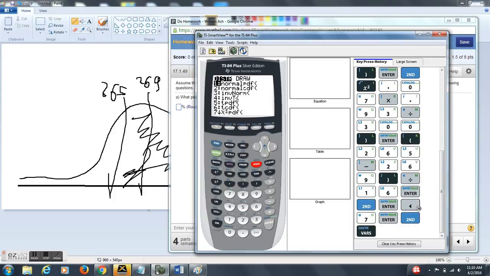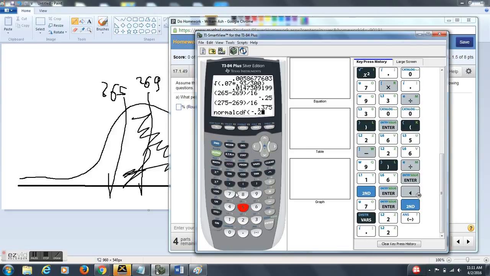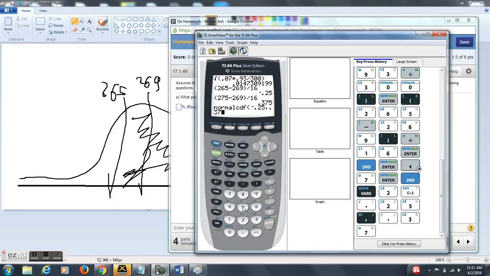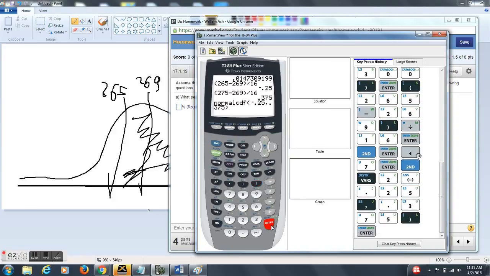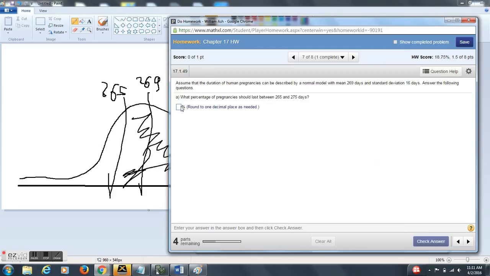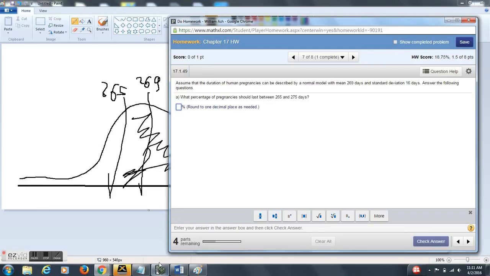To get the area in between, I'm just going to use normal CDF. Was that 24.49? 24.5.